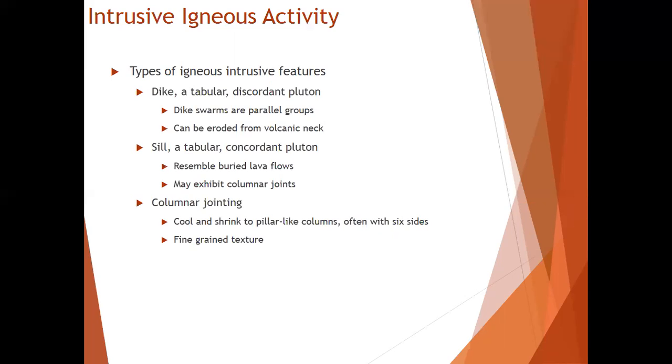And as they cooled, they shrunk a little bit. So these were like pillars of magma that shrunk, contracted as they cooled. They have a fine-grained texture. Columnar jointing may be a little bit deeper than the other 2 features. Dikes and sills in general are shallow features of igneous intrusive activity.